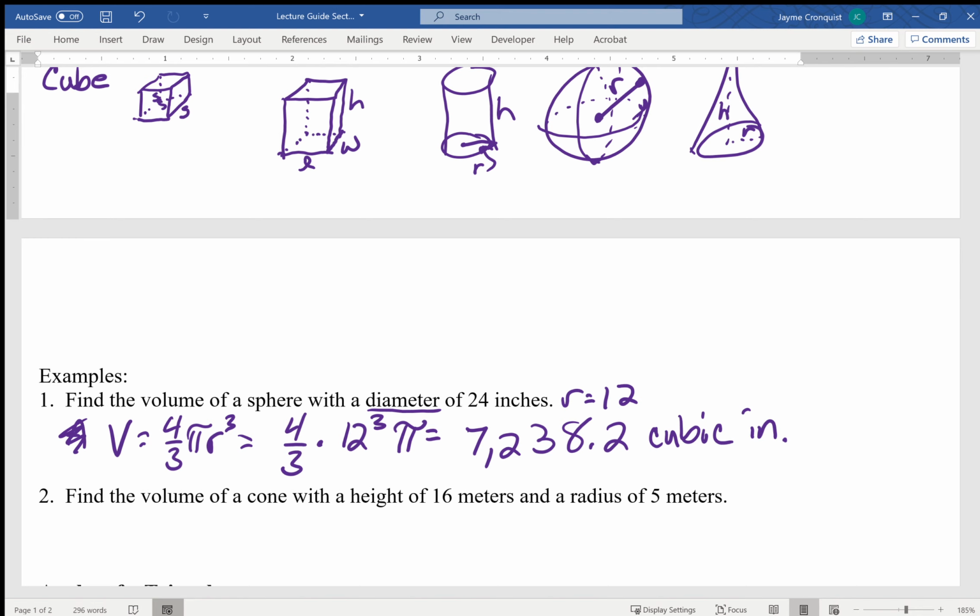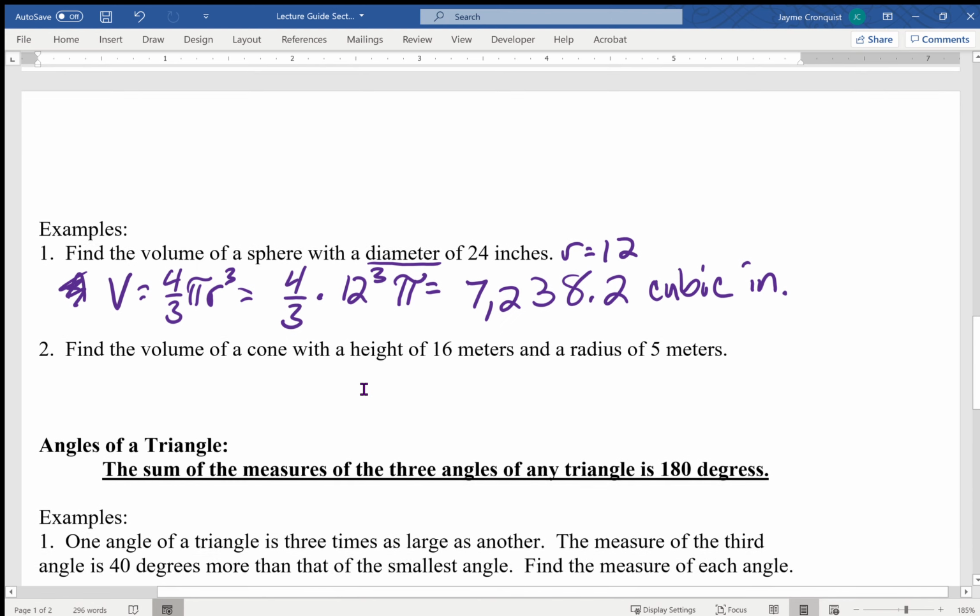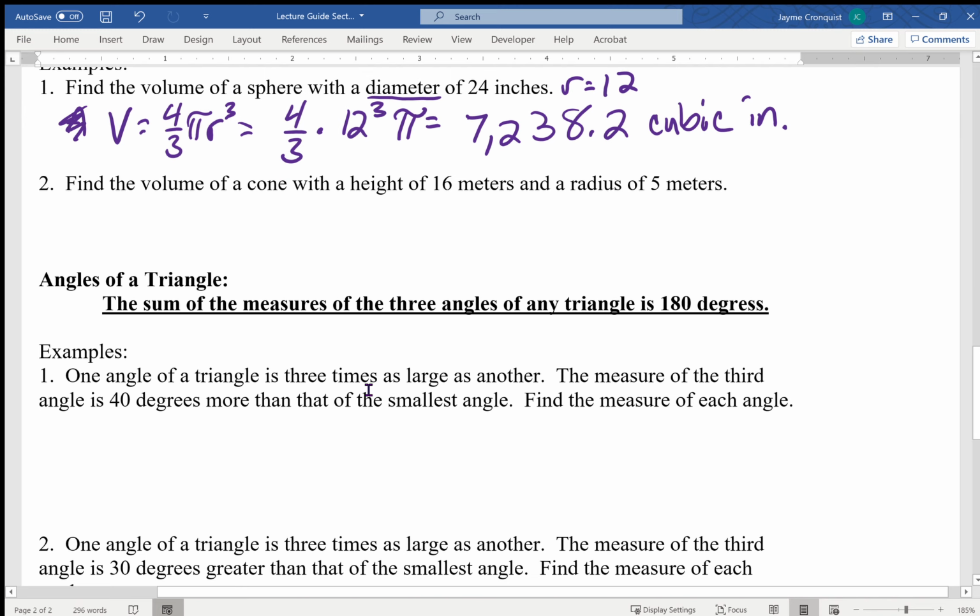Find the volume of a cone with a height of 60. Okay, volume of a cone. Let's write that down first. Sorry. Volume of a cone is 1/3 times the area of the base, which is pi r squared, times the height. Okay?